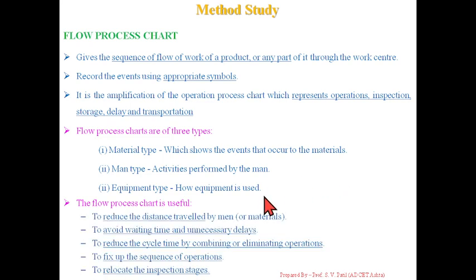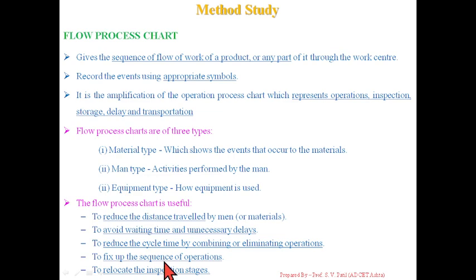These flow process charts are basically useful to reduce the distance traveled by the men. So in an industry, the workers, the supervisors, the engineers are supposed to travel from one place to another place. By using this flow process chart, we can reduce the travel of the men. It will be used to avoid the waiting time and unnecessary delays.